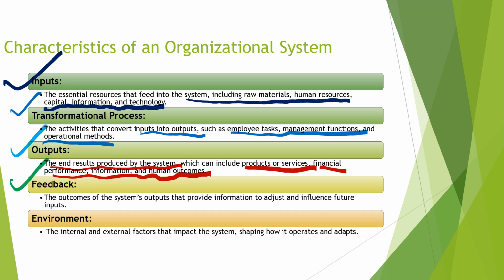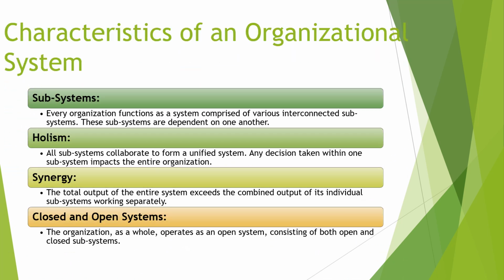The fourth one is feedback. The outcome of a system's output that provides information to adjust and influence future inputs. Number 5, environment. The internal and external environment that impacts the system, shaping how it operates and adapts. Followed by subsystems.